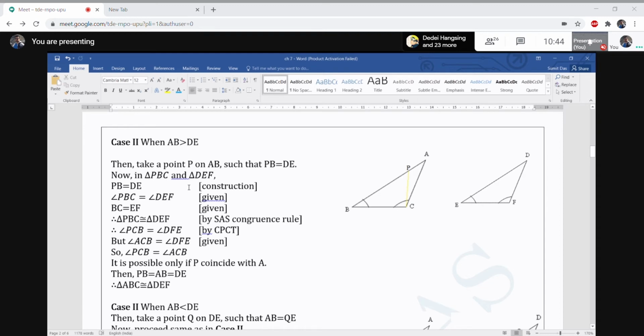Now we have triangle PBC and triangle DEF. You can see PB and DE are equal, because of the given construction. Angle PBC and angle DEF are equal, and BC equal to EF.